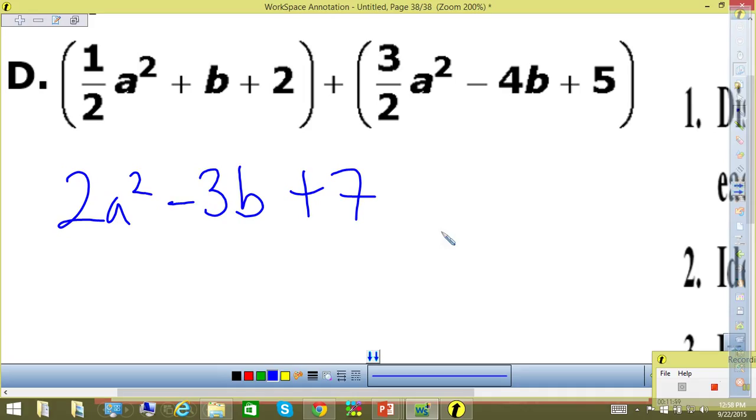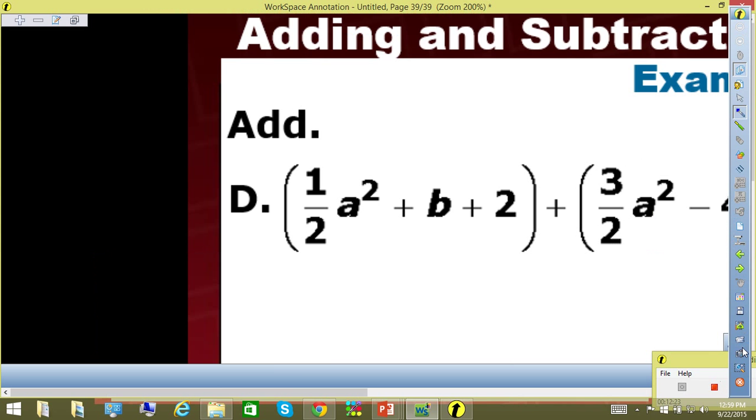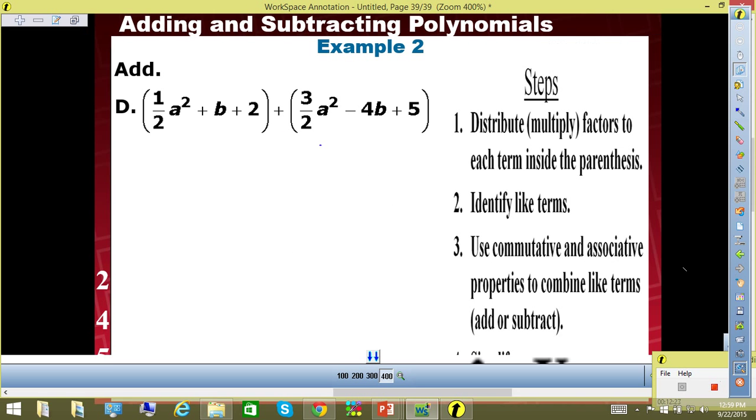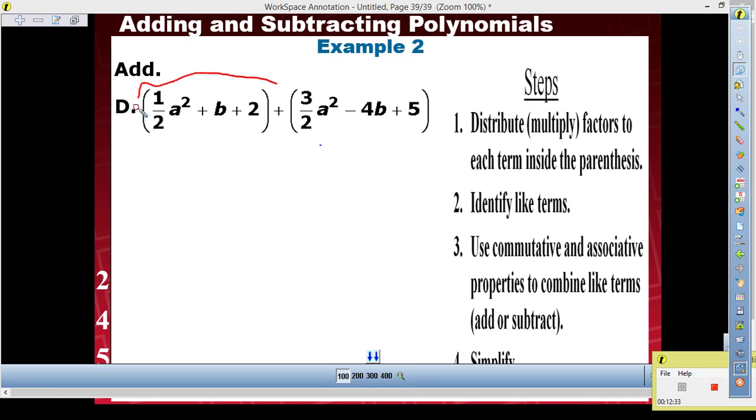Now, if you notice, we've been doing addition horizontally, right? But how did I introduce it when we first started? Remember the pet shop, where I said I'm going to call you and give you orders, and which way did I add? Vertically, right? You can do it either way. So let me show you this one vertically. Watch. Look up. Let me zoom out. I'm going to use only this one right here.